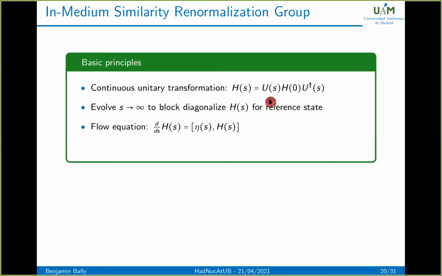To obtain this unitary transformation, you have to solve what is called a flow equation. I'm not going to enter into details. Also, one thing is important: when you obtain your unitary transformation, you need to transform not only your Hamiltonian, but any observable that you're interested in.